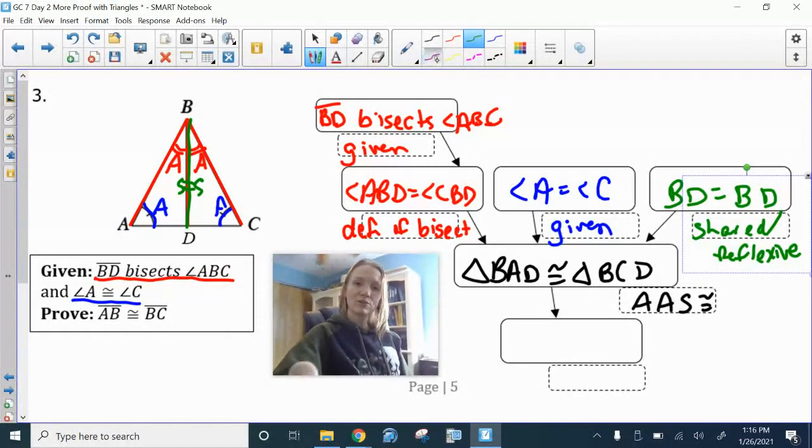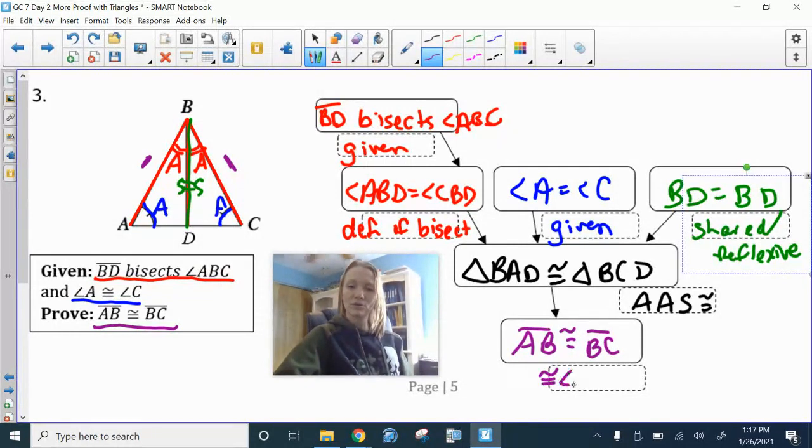If the triangles are congruent, then all of their parts are congruent, including AB, this part, and BC, that part. AB must equal BC, or be congruent to. Again, because congruent triangles imply congruent parts. There you go. So that's just a new kind of level to our flowchart.